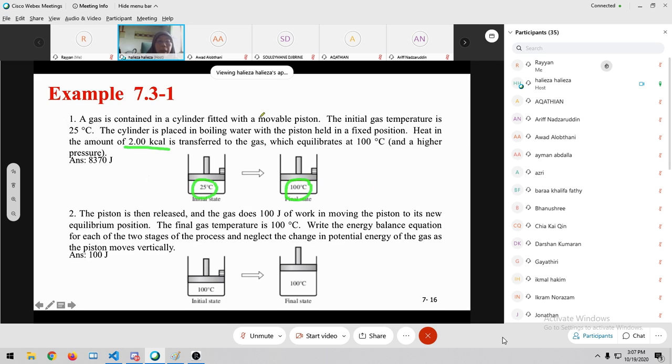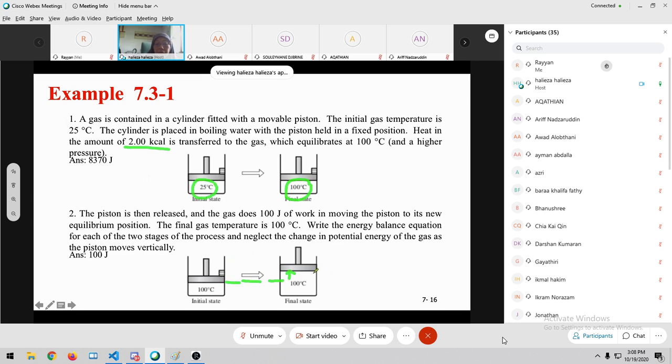So if we go back to our handphone, before that, let's look at the second stage. Once you have got it at 100 degrees C, the gas is heated up, and you release the piston. So what happened? The piston will move up from its initial position. Most of you have come across this sort of problem in thermodynamics.